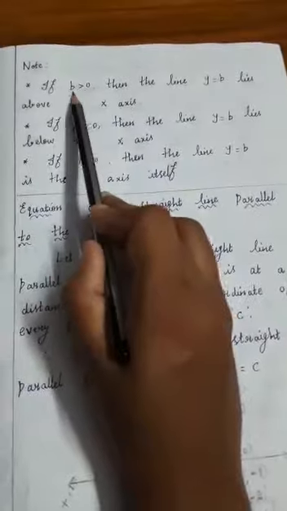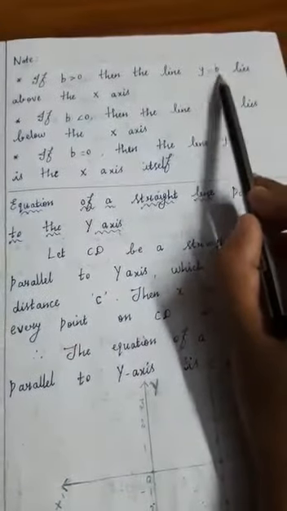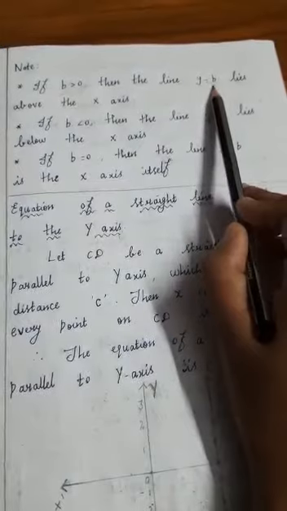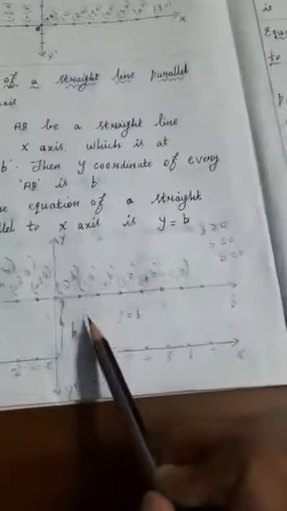If b is greater than 0, what values are possible? Positive numbers only. Then, if the y coordinate distance is a positive number, all the points lie above the x-axis. Already I said, if you consider the distance 4, a positive number, all the points will lie above the x-axis.